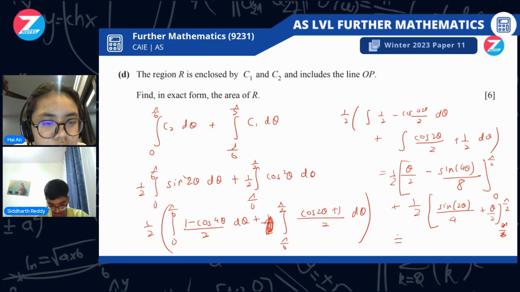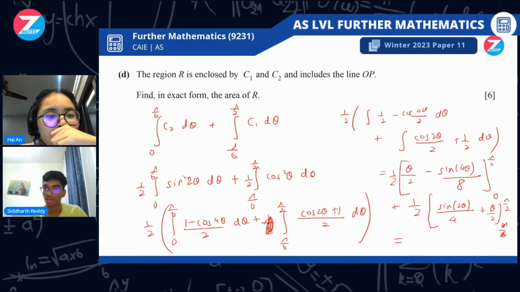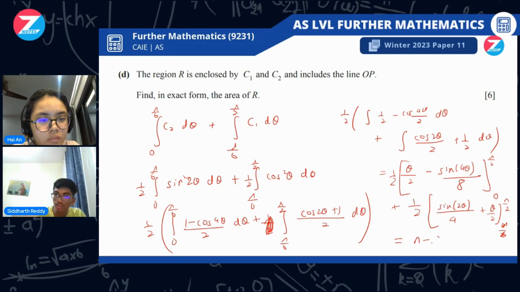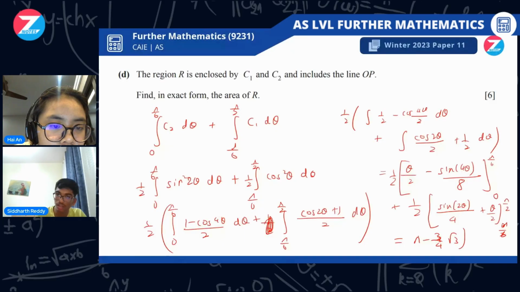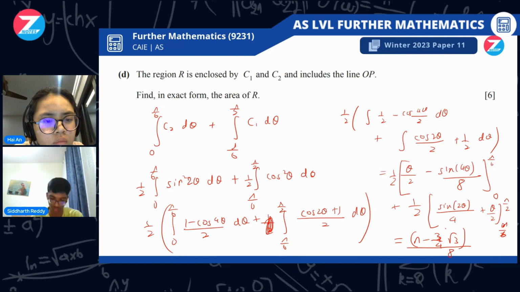Evaluating this, you can actually simplify it further, but I'll do it directly. When you evaluate fully, you get pi minus 3 root 3 divided by 8, which is 3 root 3 by 4.